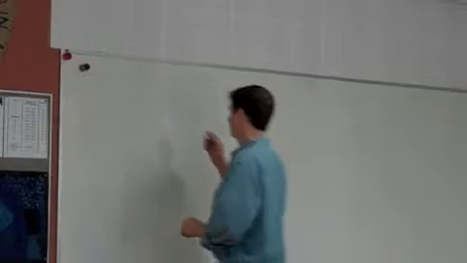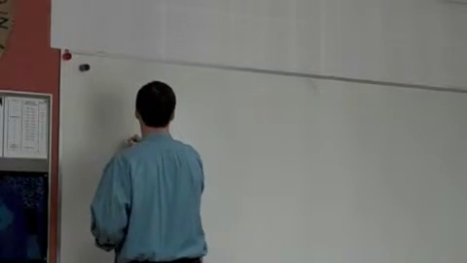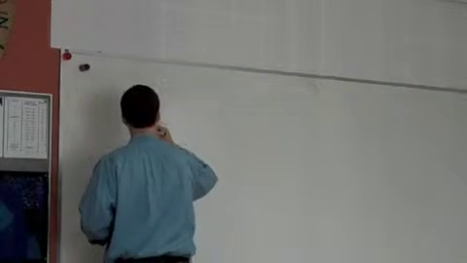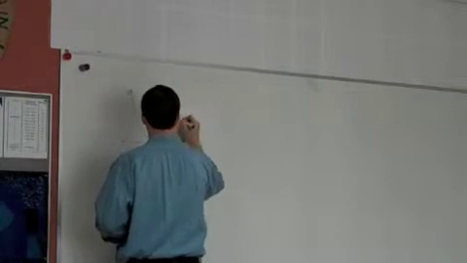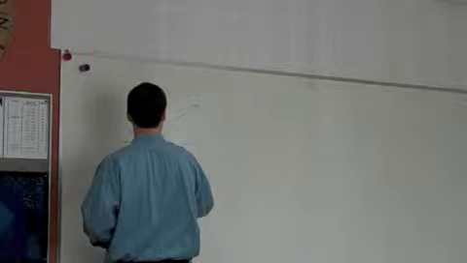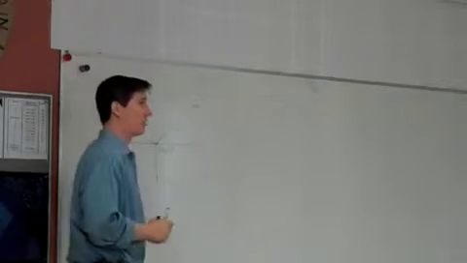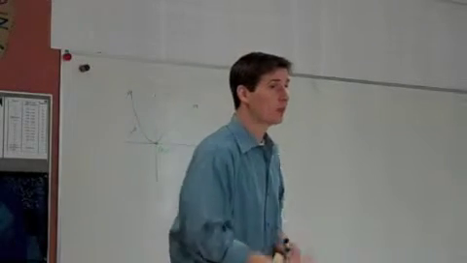Let's look at number 1. What was the fun one? It was a little shark fin. This was x squared and x, right? Yes? Okay. What's the limit as x approaches 0 from the left?